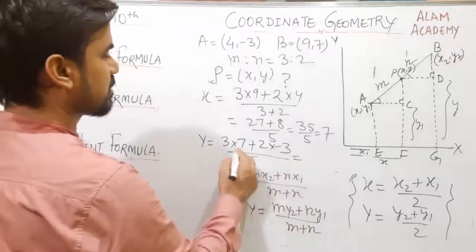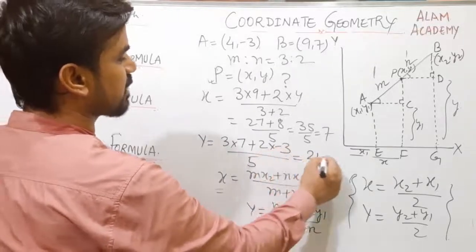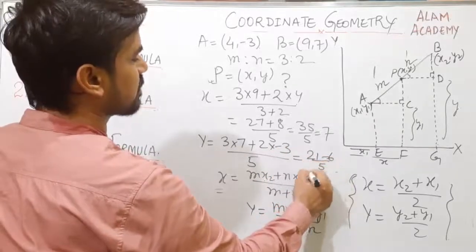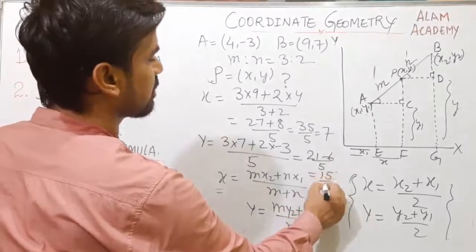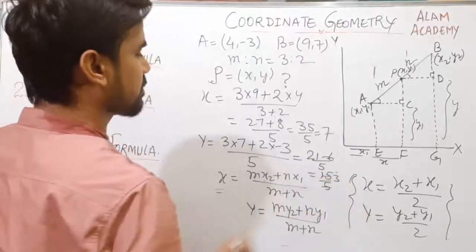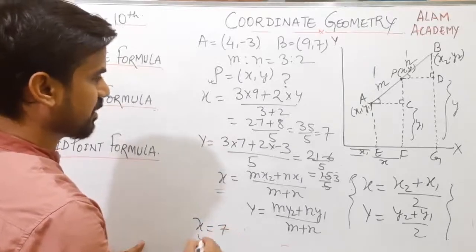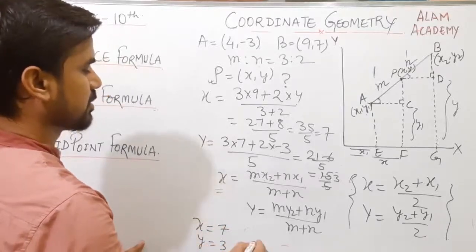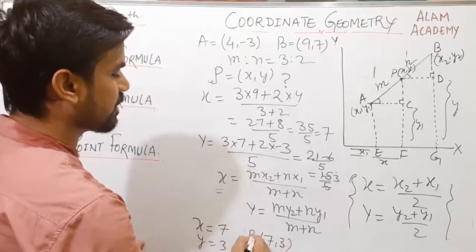So what we get? 3 sevens are 21 and 3 twos are 6, so 21 minus 6 by 5, so we get 15 by 5, that is equal to 3. So x we have got is 7 and y we have got is 3. So 7 and 3 will be the coordinates of P.